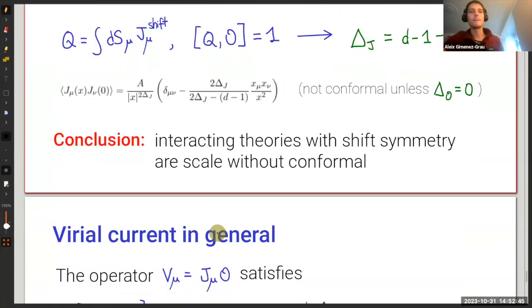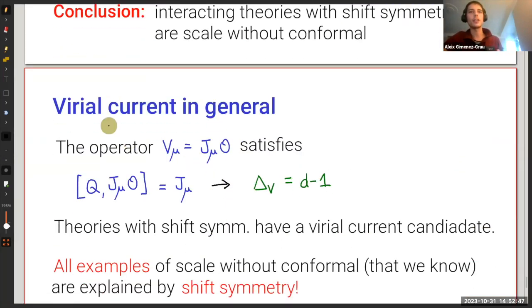So here I have another argument for how the virial current is protected by the shift current, and it goes very similarly. We looked at many examples, and we always see that the virial current is essentially the shift current multiplying the operator O which is charged under it.